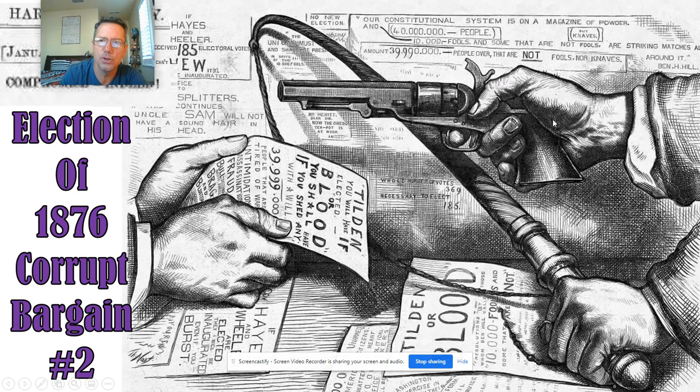So in other words, the New York Democrats are now reunited with the Southern seceded, now back in the Union Democrats. And they, in essence, are saying, we're going to have Civil War Part 2, Tilden or blood. So unless you let Tilden win, which everyone knows he won, but they recounted those 3 states, what's going to end up happening is we're going to have another war.